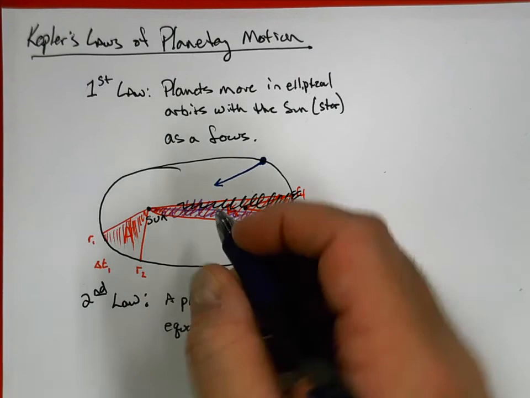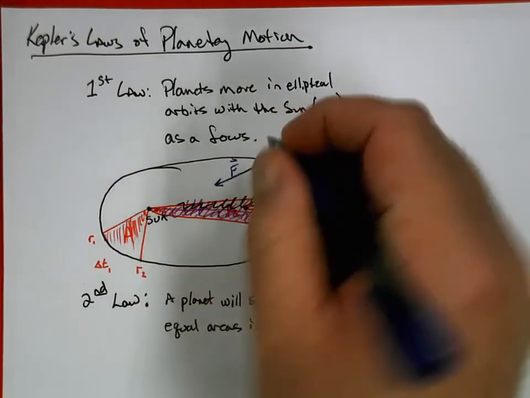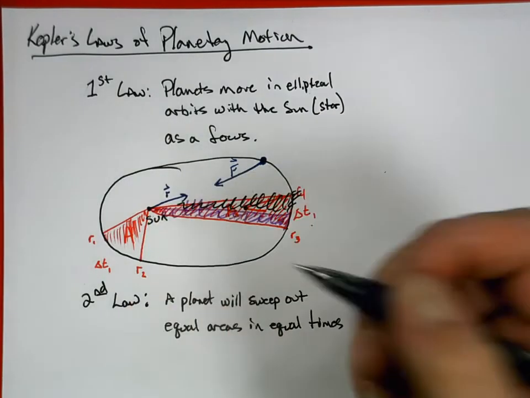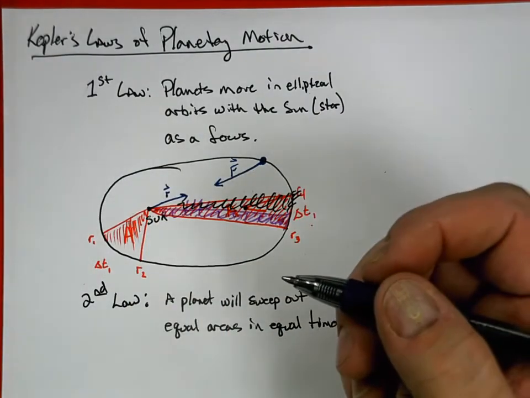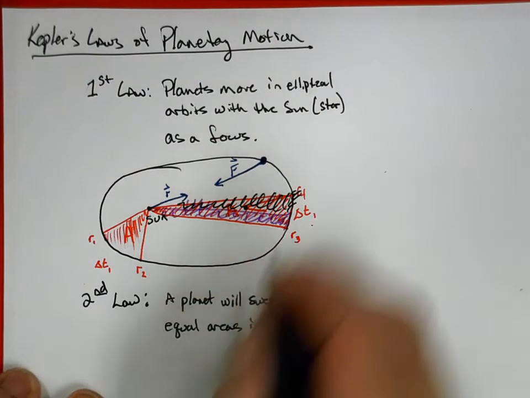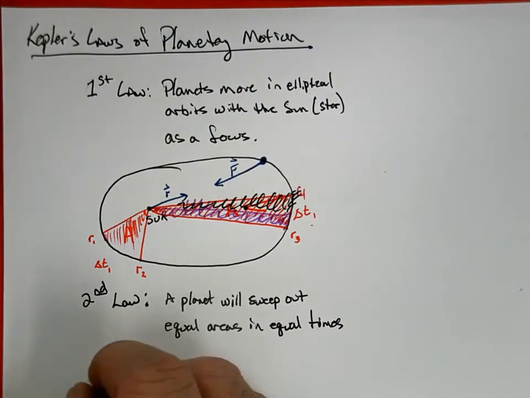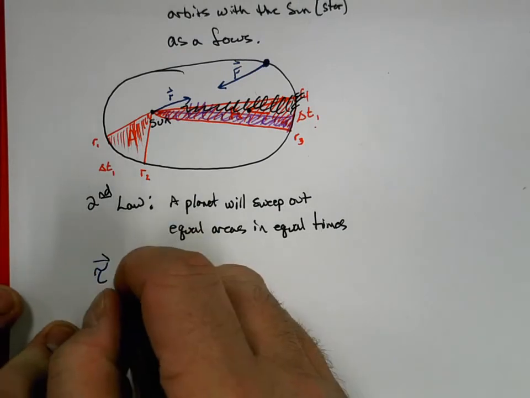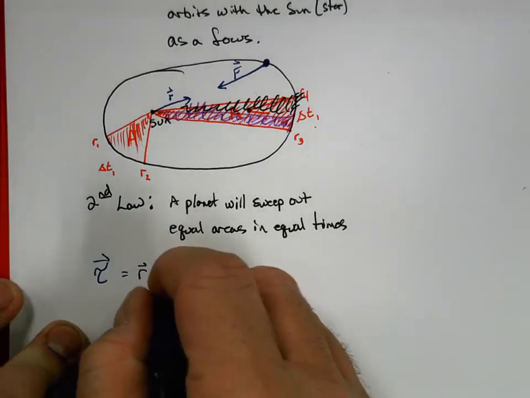And so that's the force vector, and it's right along the r vector. And so the torque on this object equals r cross F.